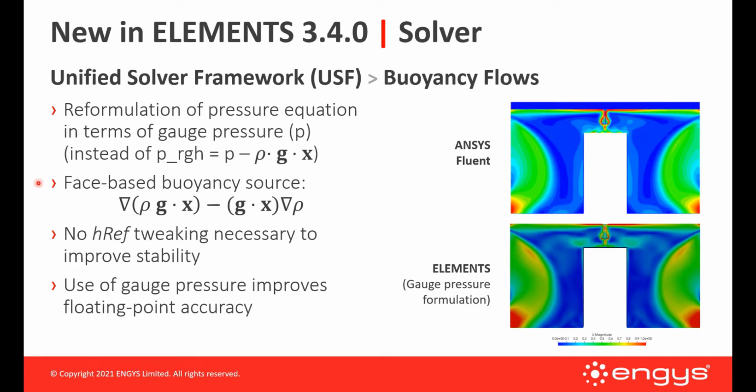And we have also changed the formulation of the buoyancy source in the equations from cell-based to face-based. The result of this is that we no longer need to tweak the reference height to improve stability, and also the use of gauge pressure improves the floating point accuracy of the solution as well.